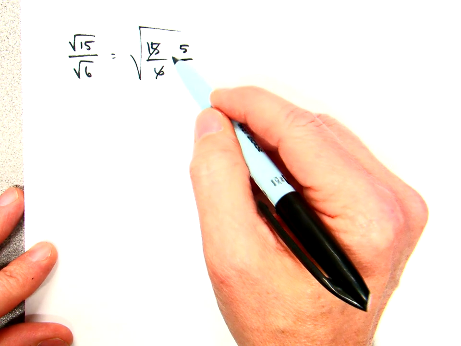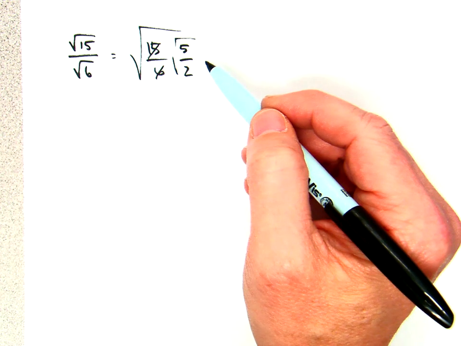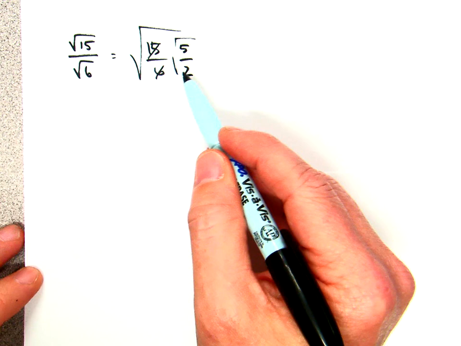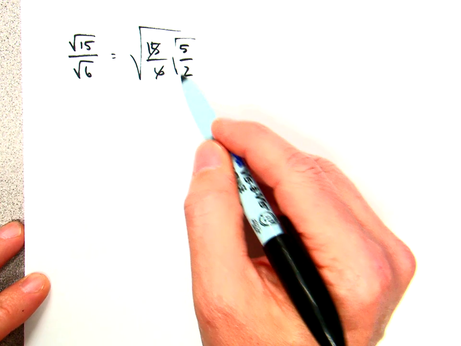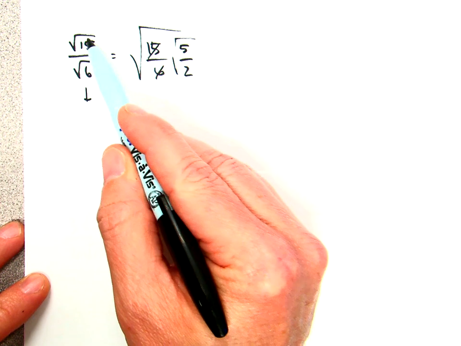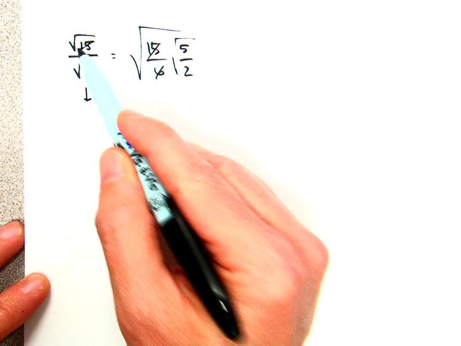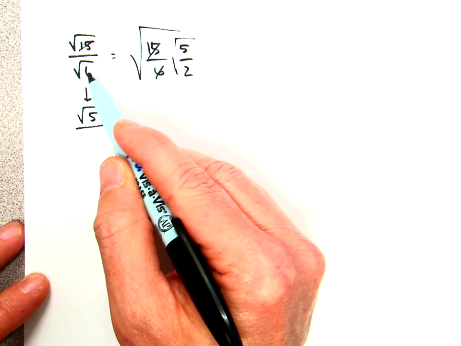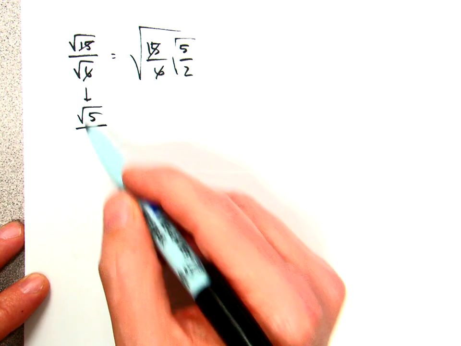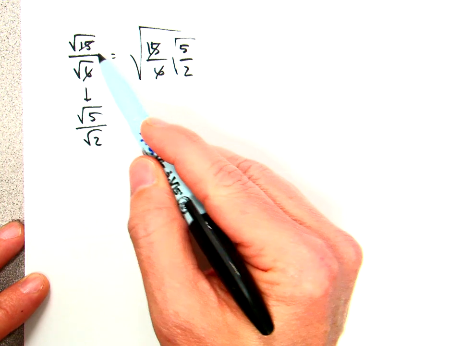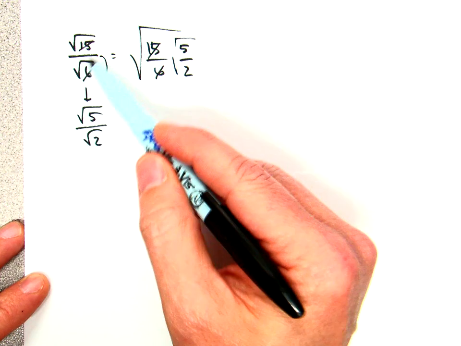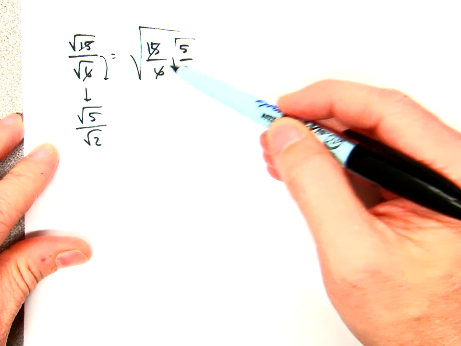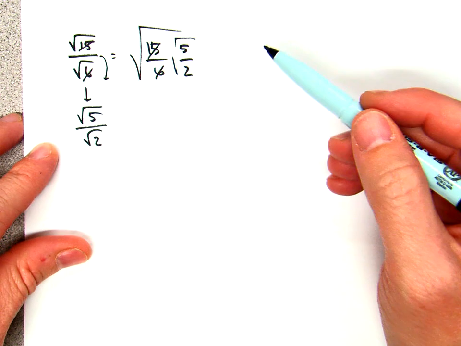But the square root of 5 over 2 is as far as this fraction is going to reduce. Now we can still think of this as root 5 over root 2. 15 is divisible by 3, which gives root 5, and 6 is divisible by 3, which gives root 2. If we want to jump from here to here and divide them out to simplify, that's fine. Otherwise, you can put them together, simplify it down, and break them back apart.